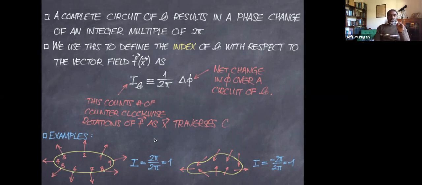I'll start at 1, and I just want to keep track of the phase of the vector field, following phi as we go along. It starts off here, makes a full rotation. When I come back, it's rotated by 2 pi. So 2 pi divided by 2 pi, and the integer multiple we're looking for, the index of the curve with respect to this particular vector field, is just 2 pi over 2 pi, and that's just 1. Is that clear?